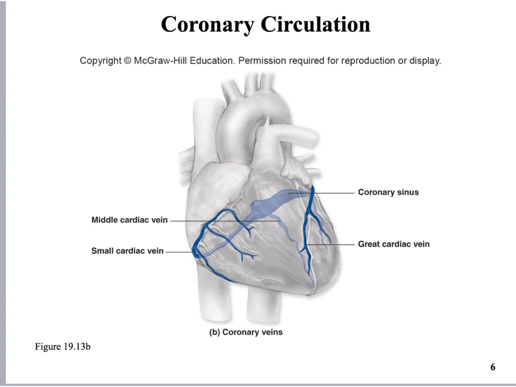The coronary sinus, before it empties into the right atrium. And the coronary sinus in this picture is shaded because it's on the posterior part of the heart. Questions on the cardiac circulation?